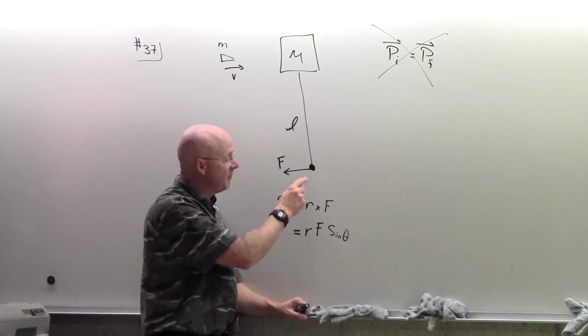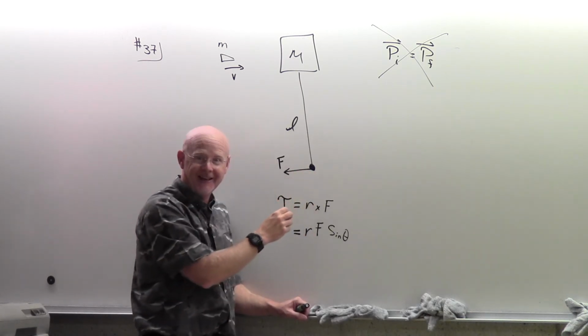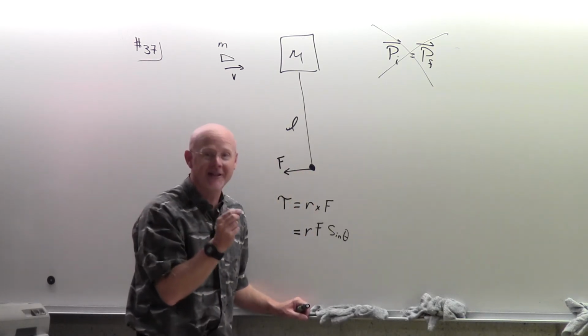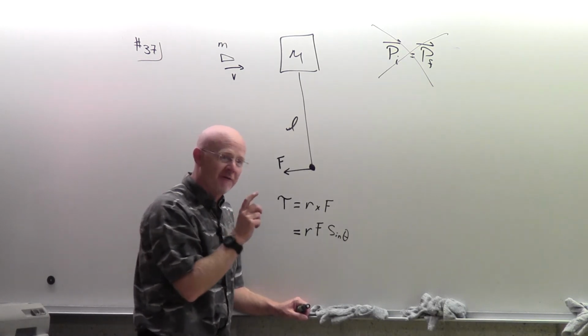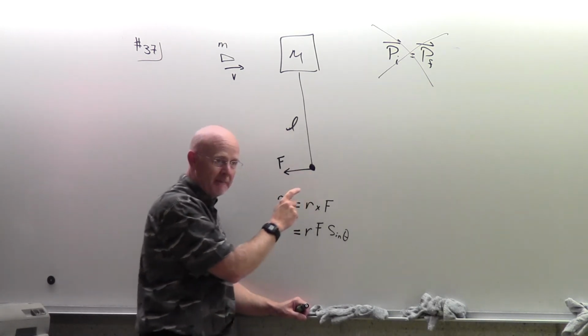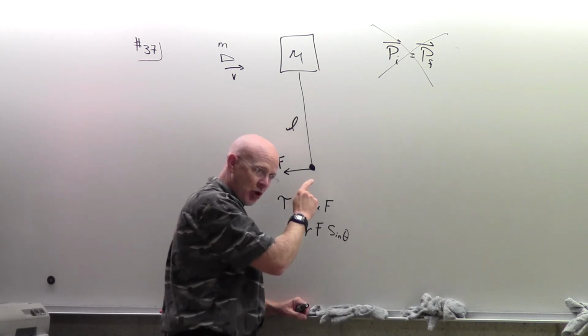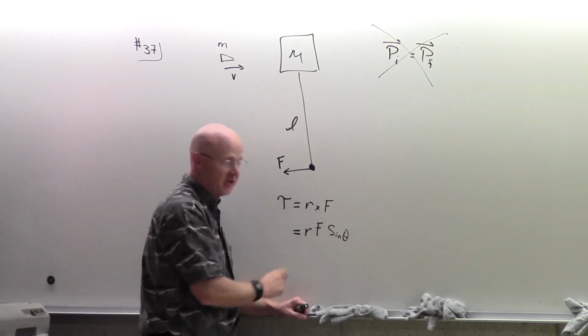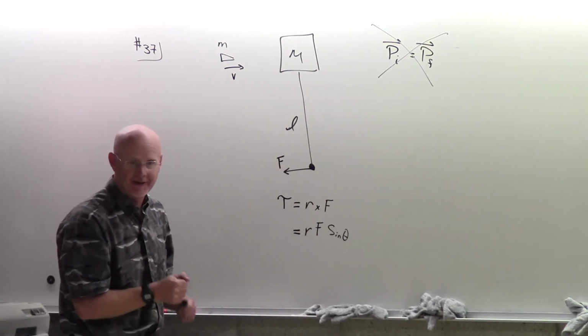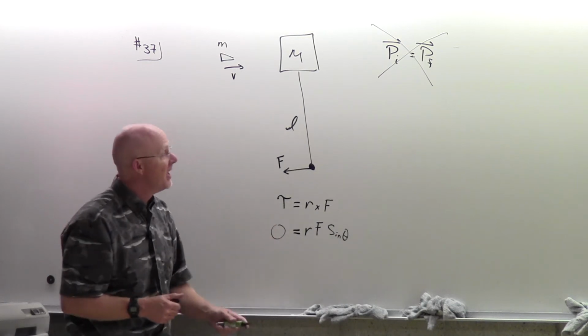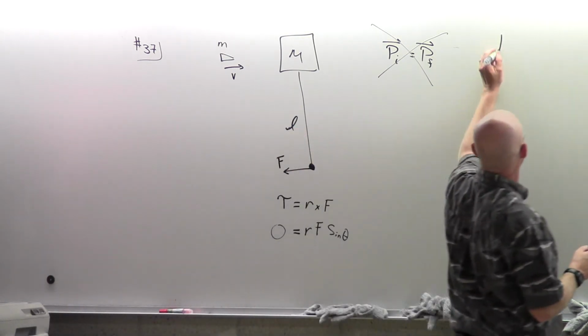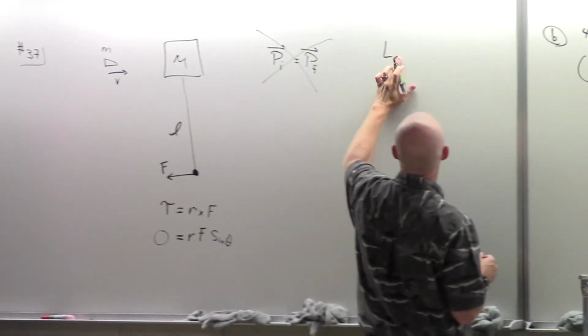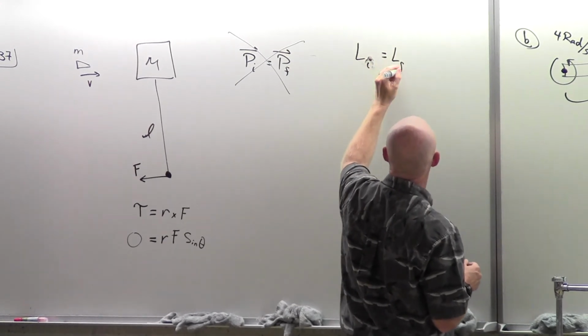The distance from this point to this point is 0. They're the same point. So the force is acting at this point. If you calculate the torque at that point, R is 0. So how much torque do you get? 0. So is this a conservation of angular momentum problem?